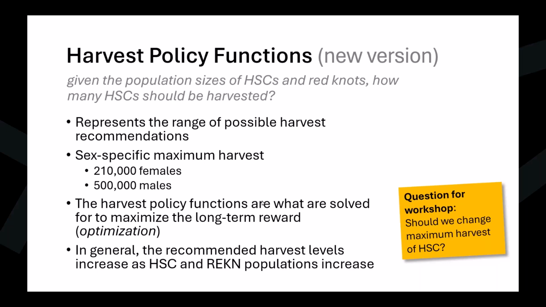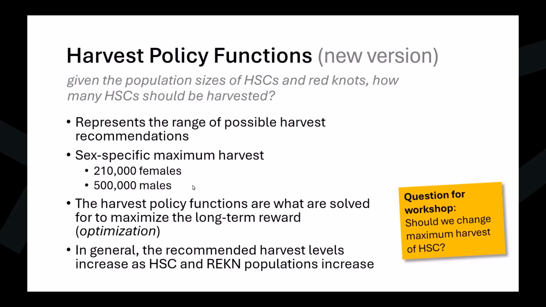And so if that's true, then what about these harvest policy functions is actually informed directly by values? And one of the answers to that is the maximum harvest of horseshoe crabs.